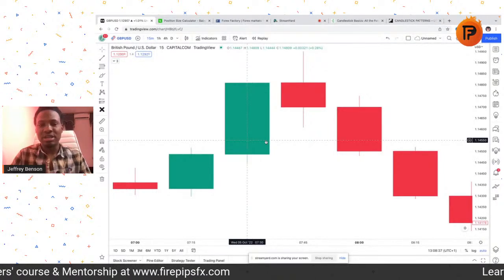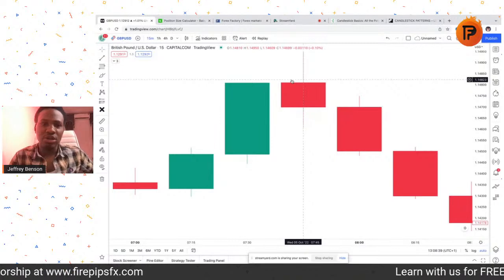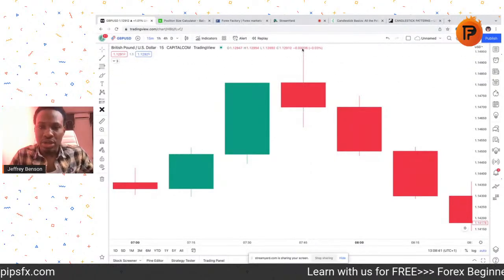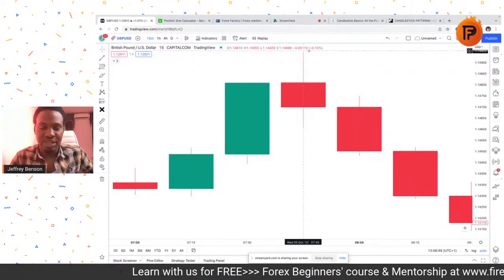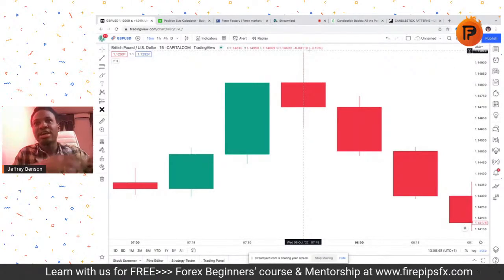That's the exact same thing these candlesticks also tell us. This point here is what we call the wick or shadow. It's the wick of the candle, or shadow. Sometimes we start saying wick rejection.